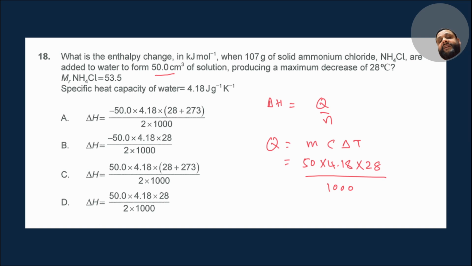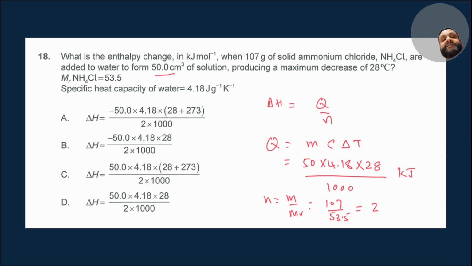So the next step is to divide this with the moles. So the moles of ammonium chloride, n, will be equal to m over molar mass. So m is 107 divided by 53.5. That will give us 2 as the answer. So let's look for the options.